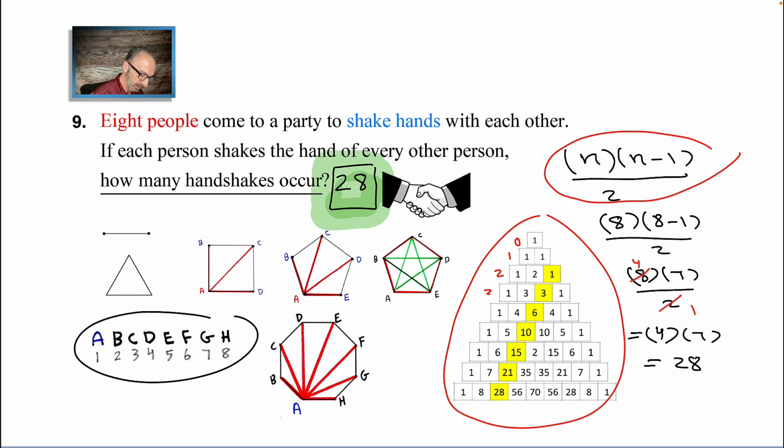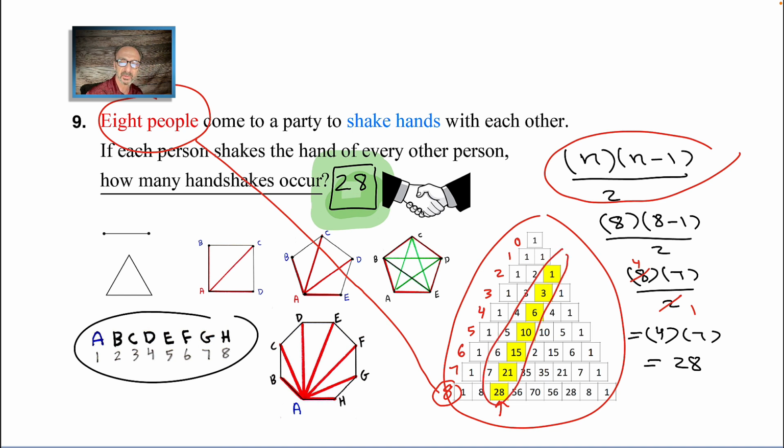Row number 3, row number 4, row number 5, 6, 7, 8. 8 persons, we are in row 8. The answer is 28. These numbers are called triangular numbers.